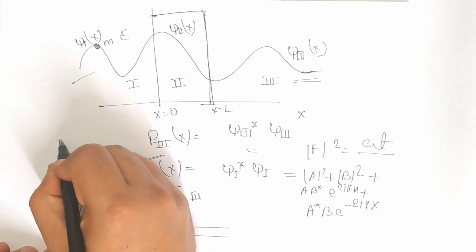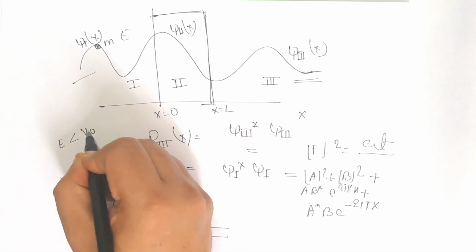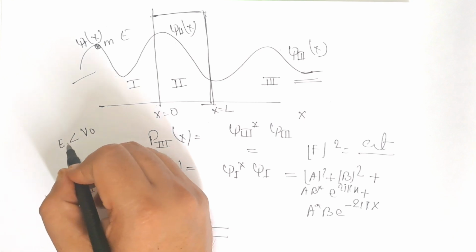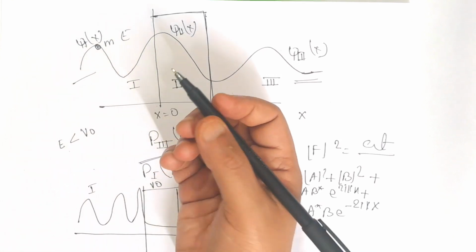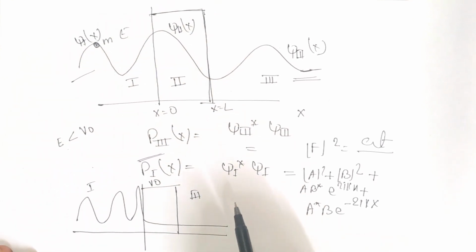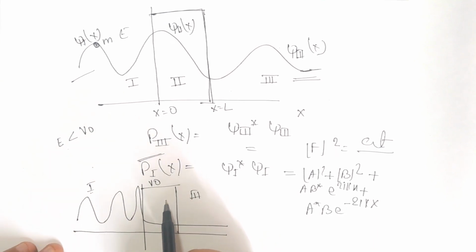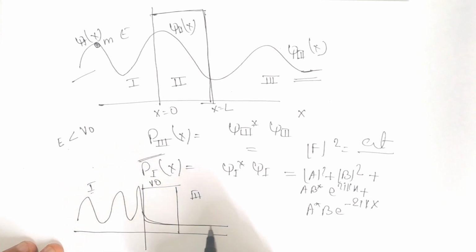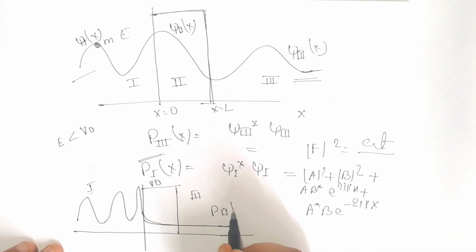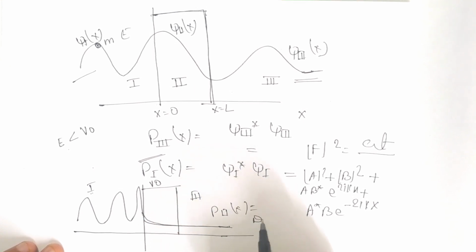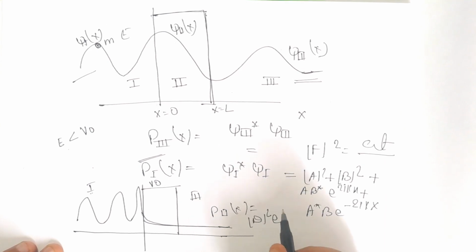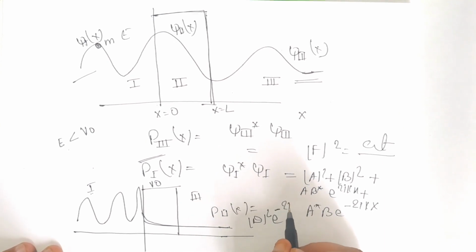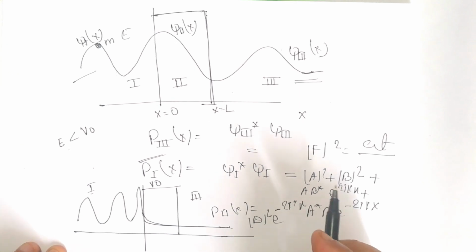If the energy of the particle is smaller than V naught, then the wave function has oscillatory nature in region 1, and after that it will exponentially decrease. This is the decrease of the wave function. And we can calculate P2 also. P2(x) will be d square e to the power minus 2k'' x.